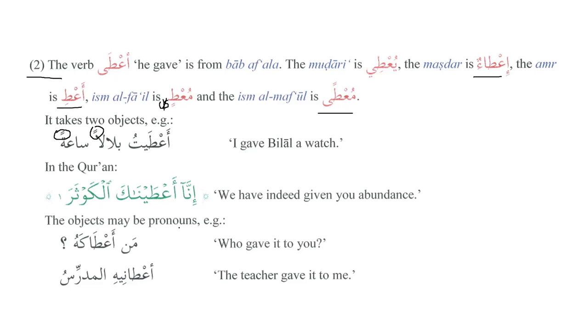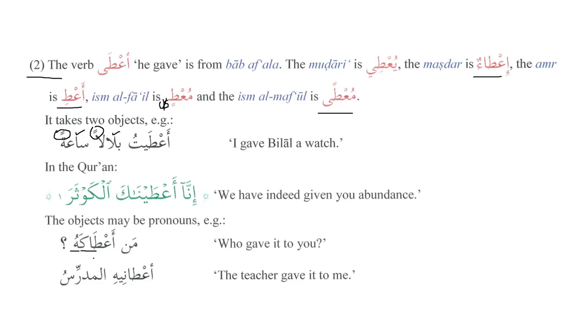And the example we have discussed from the Quran, inna a'tayna kal kawthar. And now the Shaykh is telling us over here that sometimes the noun can be replaced with the pronoun. So instead of having Bilal as a noun and Sa'a as a noun, both of the nouns can be replaced with pronouns. Man a'takahu. Ka, yani it is you, and hu means that.